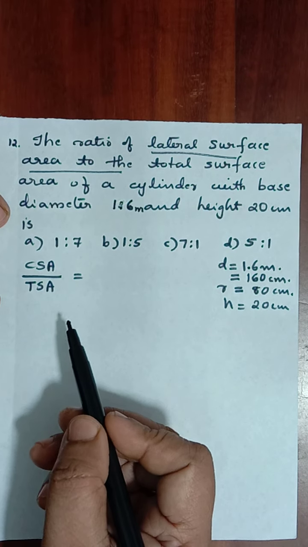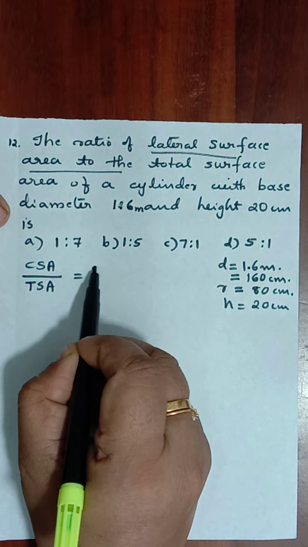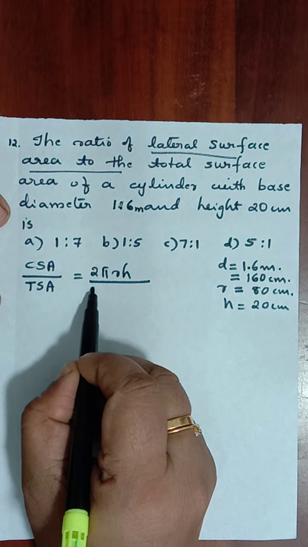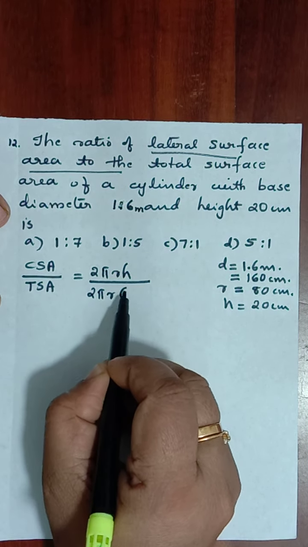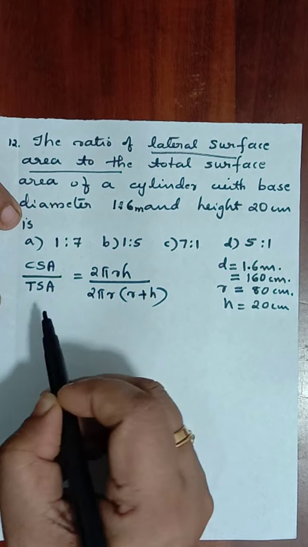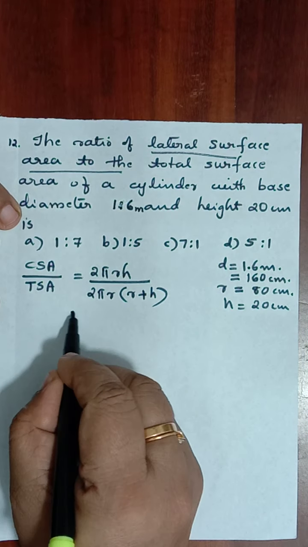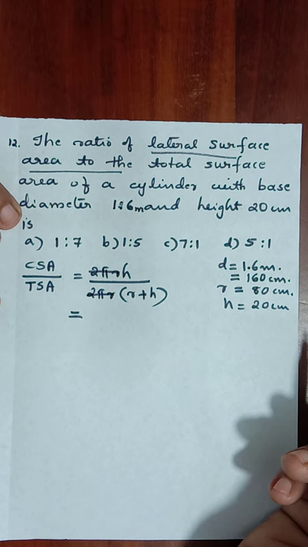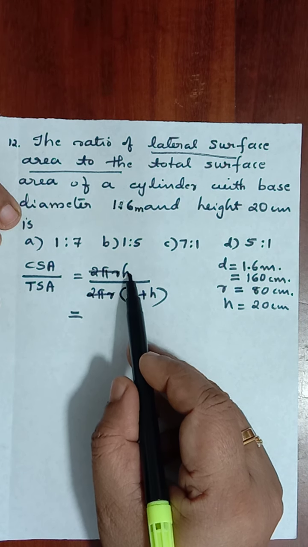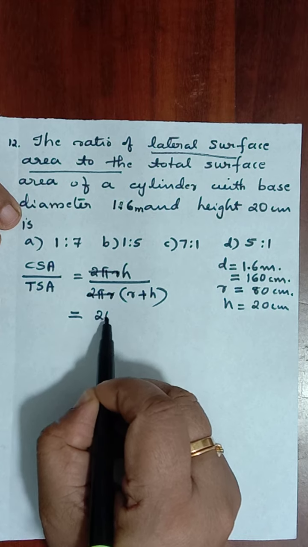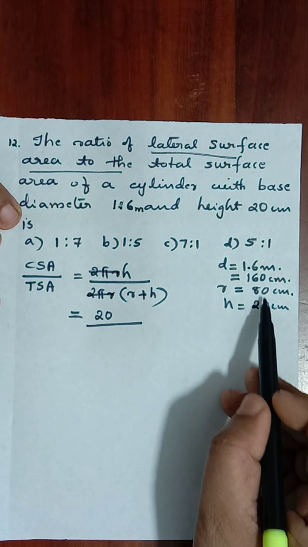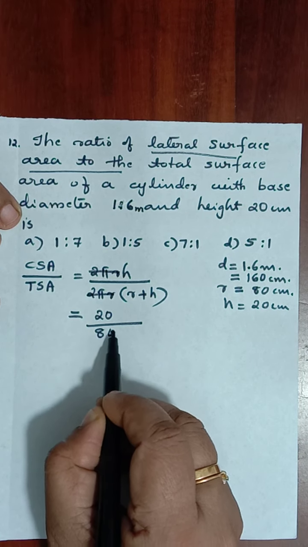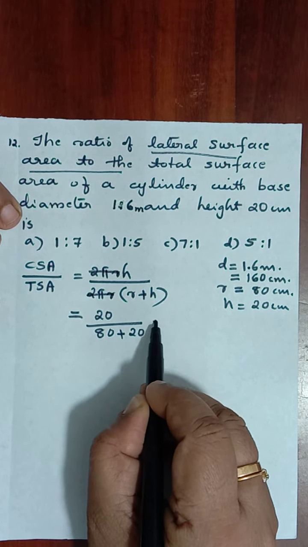Let us substitute in the formula. CSA of the cylinder is 2 pi rh. TSA is 2 pi r into r plus h. So here we can cancel 2 pi r because it will be the same. Here h is there, h is 20 we know. r plus h is 80 plus 20.